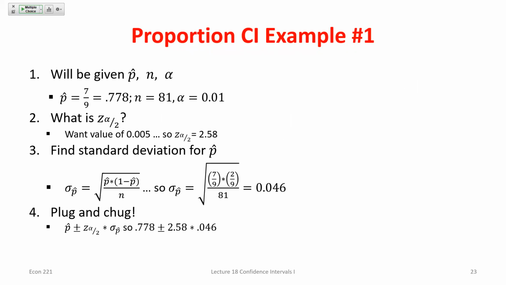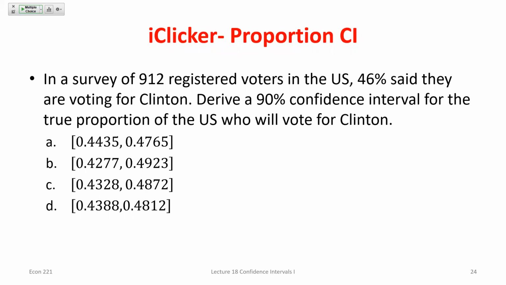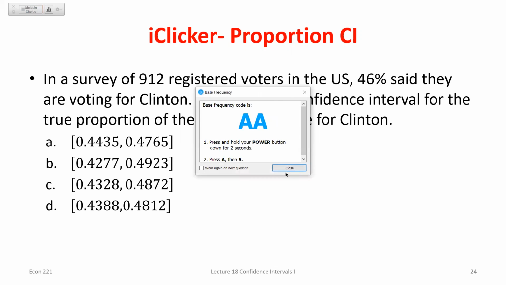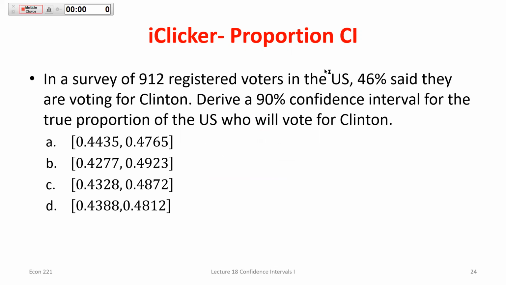So we get to this one. We've got one more. I'm going to see if you can do this one on your own here, and then we'll come together and talk about it. So let's say, and this is using 2016 data, there was a poll given out where 912 people who were registered voters responded, and they found that 46% of people said they were going to vote for Clinton.